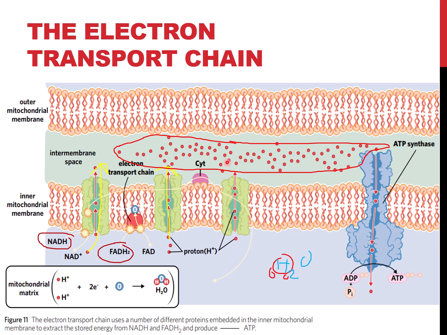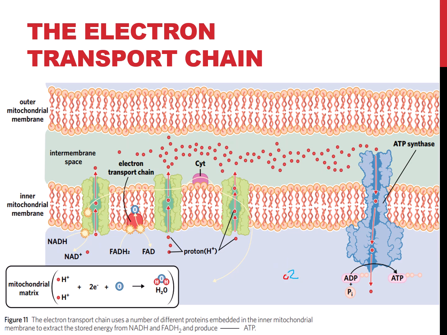Remembering that every time it comes through ATP synthase, it spins and ATP is created. Again, biochemical pathways are not required, but if you have a basic understanding of what I've just gone through, you should really understand what happens in the electron transport chain, the inputs, outputs, and of course the location.